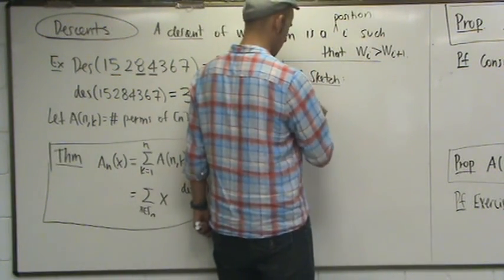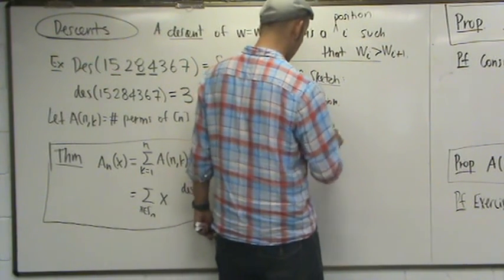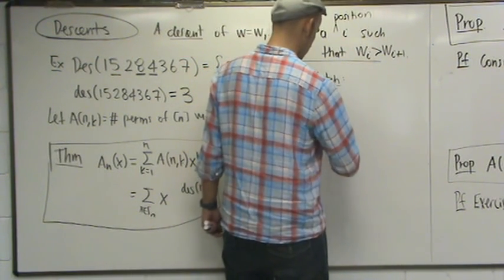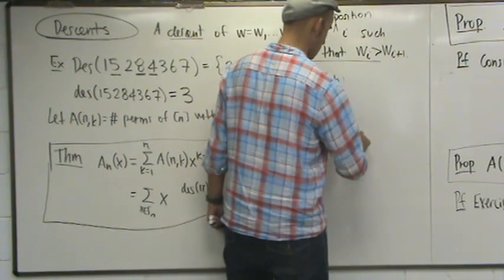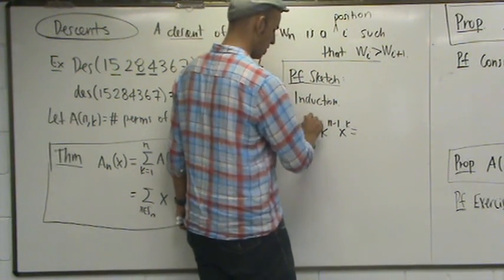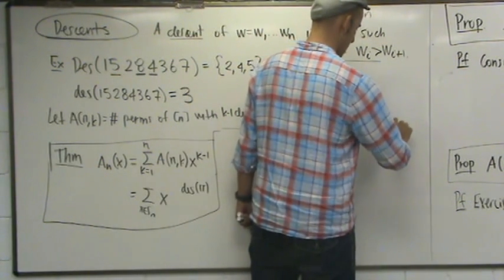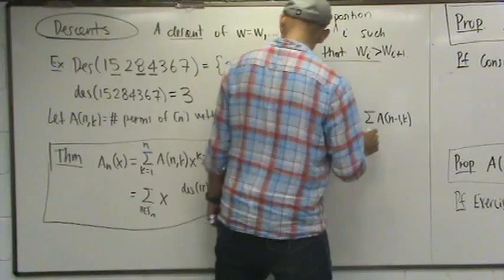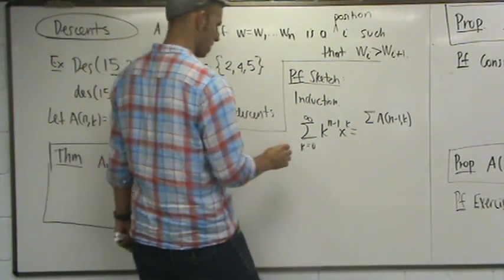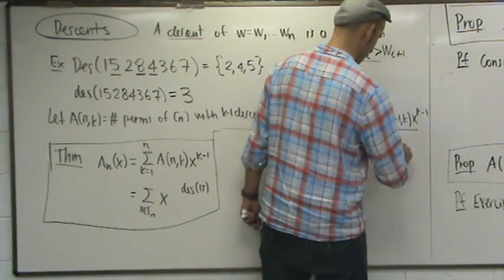So we do induction. So if you already proved that the sum of k to the n minus 1 x to the k, over k equals 0 to infinity, is the sum of A n minus 1 k x to the k minus 1 over 1 minus x to the k.